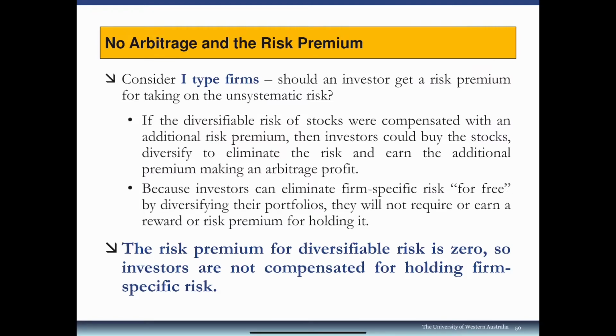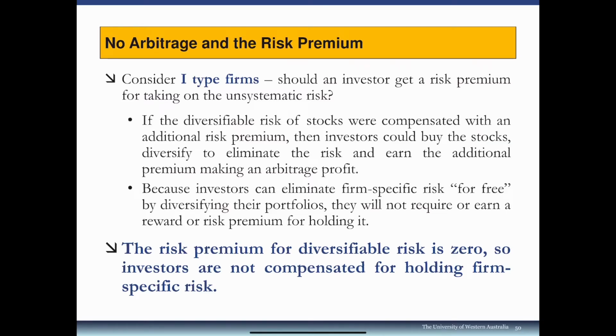Which means I can reduce the standard deviation of my portfolio by simply taking another company that doesn't co-move with my existing companies. That is a risk reduction coming at no extra cost, so it should not earn any reward or risk premium. The unsystematic risk component of my shares should not be rewarded.